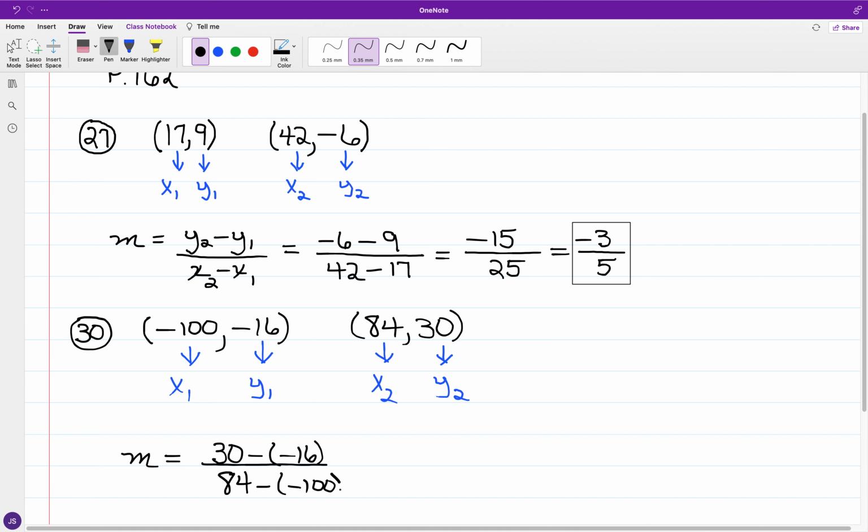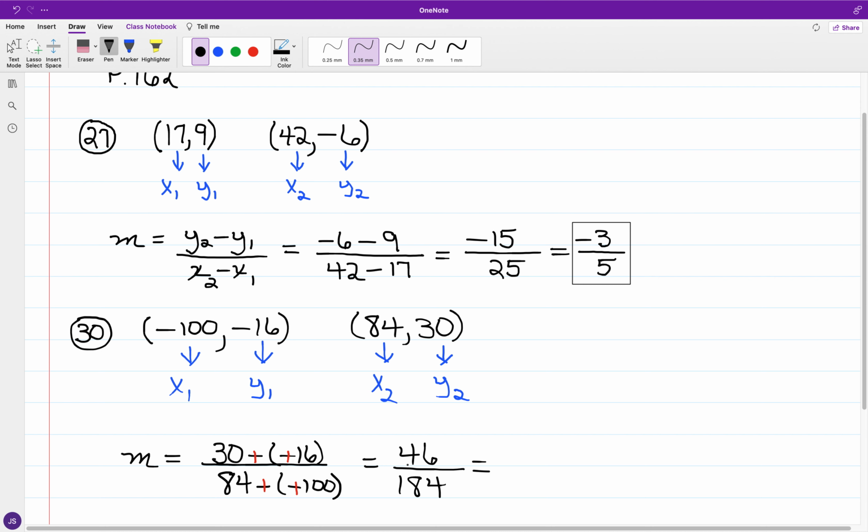And if you notice, we have subtraction of negatives, and that translates to addition of positive values. So we have 30 plus 16, which comes out to 46, and 84 plus 100 will be 184. So we have rather large numbers in the ratio, and we have even numbers in 46 as well as 184.